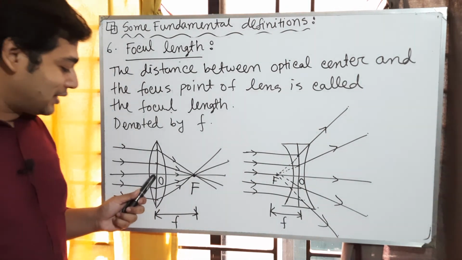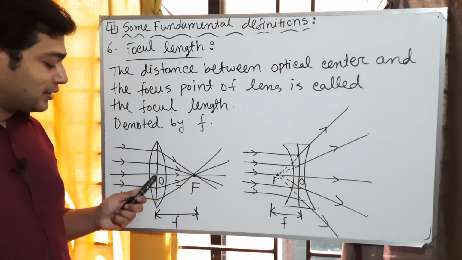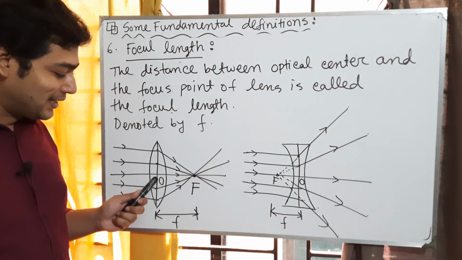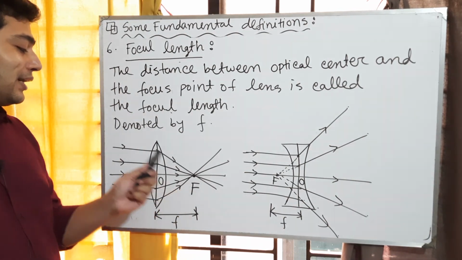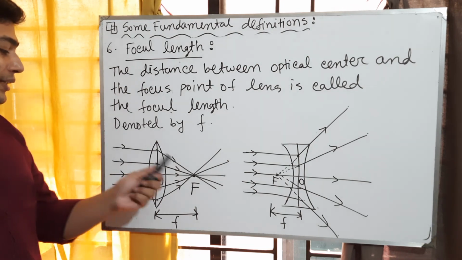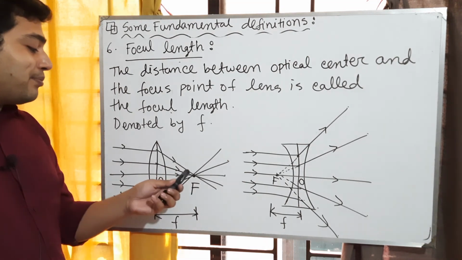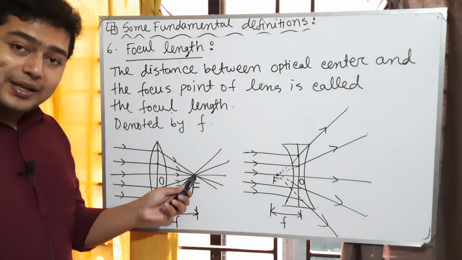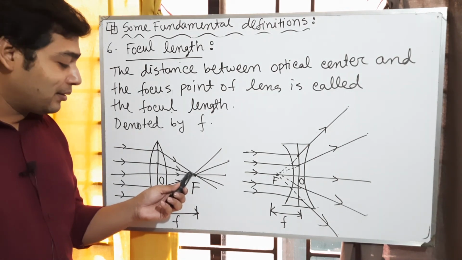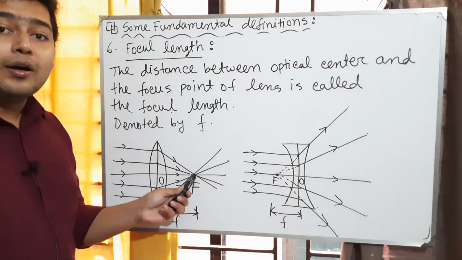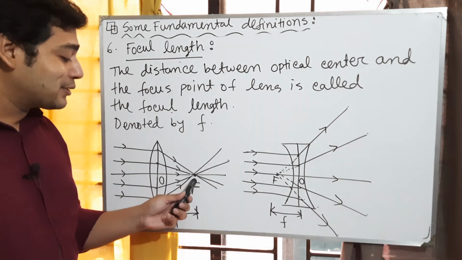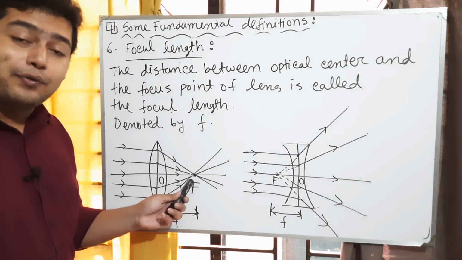This point is our optical center, and this point where the refracted rays meet, on the principal axis, is called the principal focus.